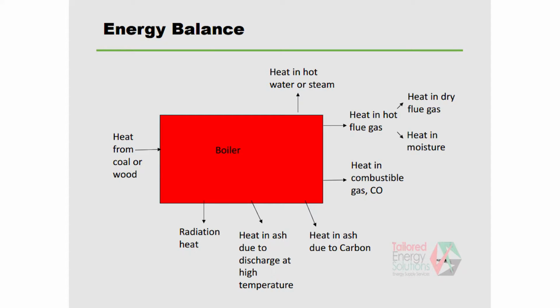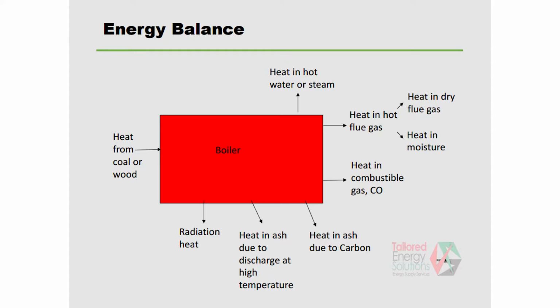The heat in the hot flue gas, how much heat has been put there. Inside the flue gas, we have heat in the dry flue gas, and heat associated with the moisture. That moisture includes moisture from fuel and moisture from the humidity; if it's very wet today, more heat is wasted to the chimney.